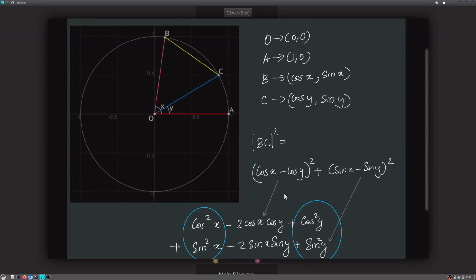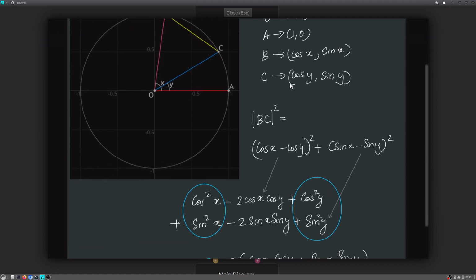Now here's the thing, what would happen if this y was negative? For example, if the C was not here but over somewhere here. In that case, this would be cos minus y and sin minus y. Cos minus y is cos y itself, sin minus y would be minus sin y.